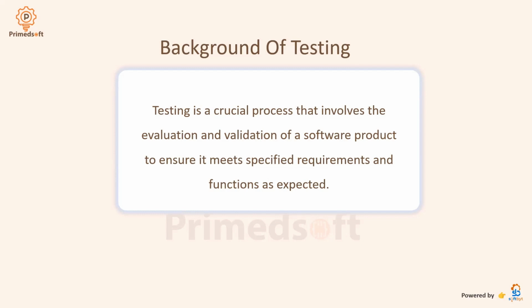Let's say they gave you that product and they say this product should be functioning in a particular way. Your job as a tester is to evaluate that product and then validate if it is functioning the way it's meant to function. The way it's meant to function is what is called the expected result.